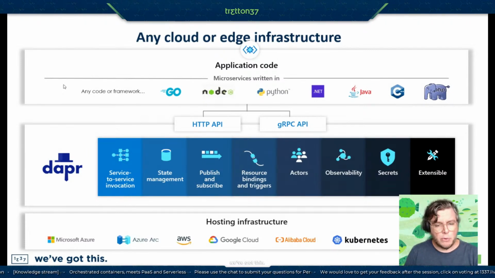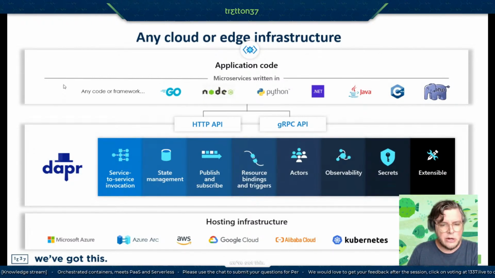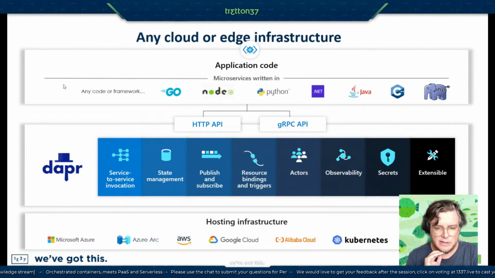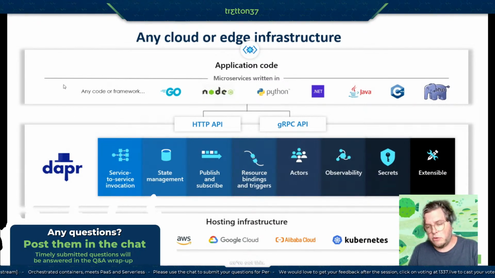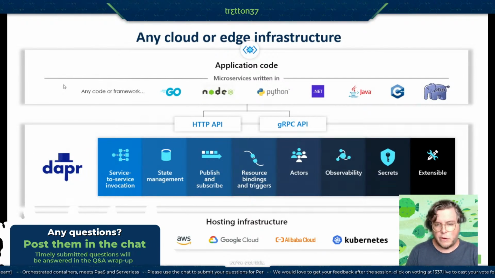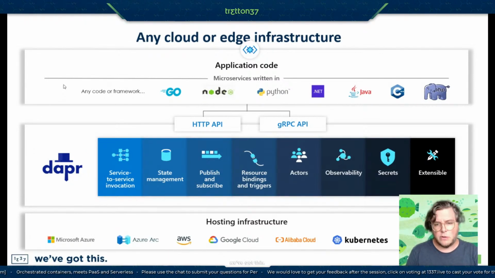You have pub/sub, or publish and subscribe. You have resource bindings and triggers that make you reactive to different events in both applications and environments. You have an actor model. You have observability. Distributed tracing is not a straightforward thing. And you have secrets management and, of course, extensibility of the platform.